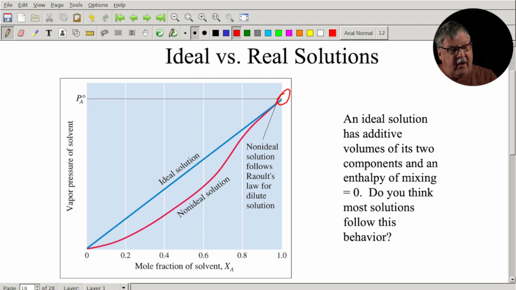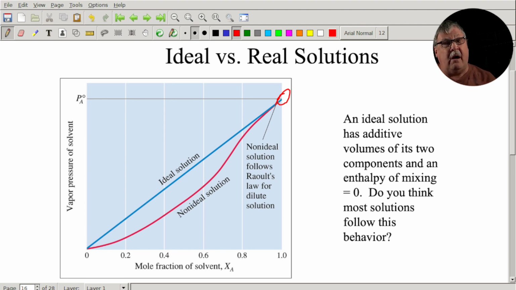What Raoult's law tells me is if I make a plot of mole fraction versus vapor pressure of the solvent, in an ideal situation, that's going to be linear. I don't need to know anything else. All I need to know is the mole fraction and the vapor pressure of the pure solvent, and I have this linear relationship between the two.